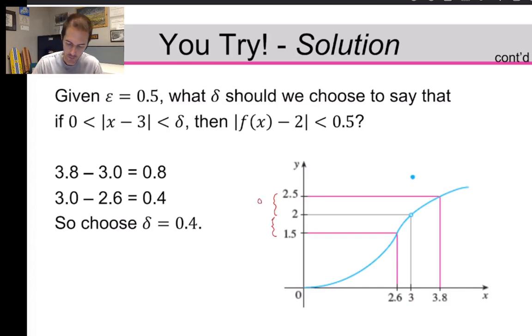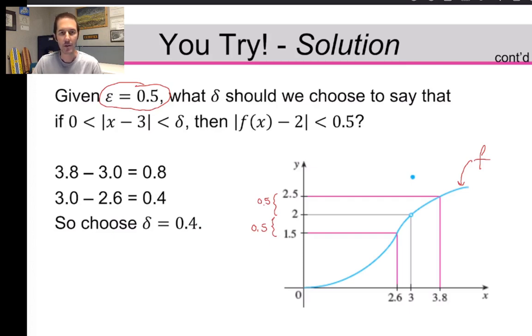And this value of 0.5 is an epsilon value. There it is. Epsilon, that's lowercase epsilon, is being given to us as 0.5. And we've also been given this blue curve, which is our function f.